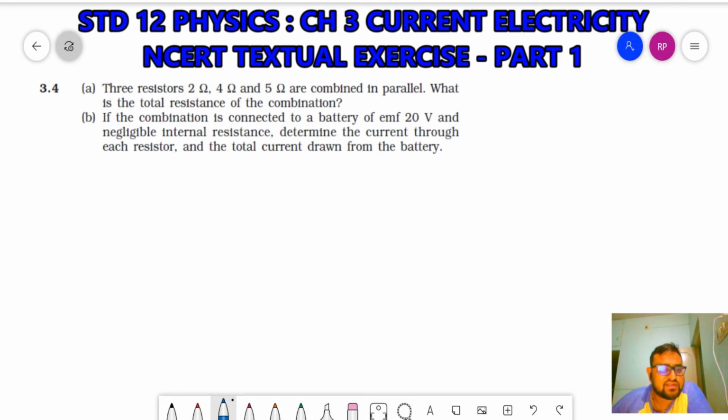3.4. Three resistors of 2 ohm, 4 ohm and 5 ohm are combined in parallel. What is the total resistance of the combination? Second, if the combination is connected to a battery of EMF 20 volt and negligible internal resistance, determine the current through each resistor and the total current drawn from the battery. First, let's draw three resistors connected in parallel: R1, R2, and R3.